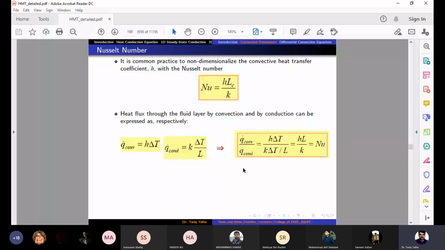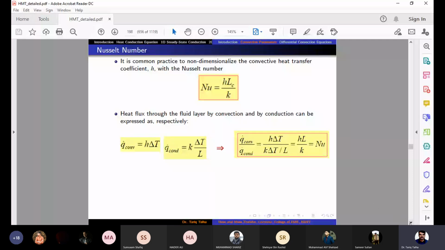Now that phenomenon is called stratification, in which the fluid transfers heat only by molecular collisions. It cannot travel, because the lighter molecules are at the top, so they cannot move downward.